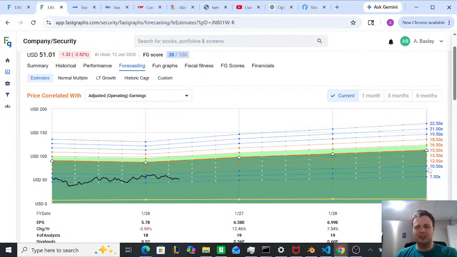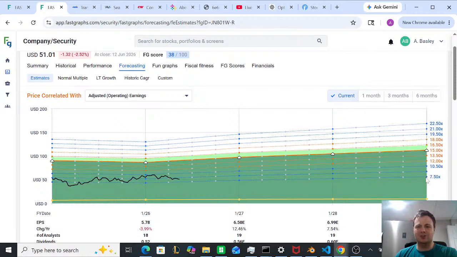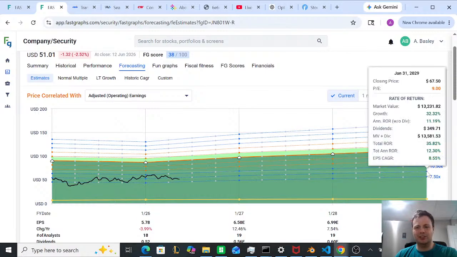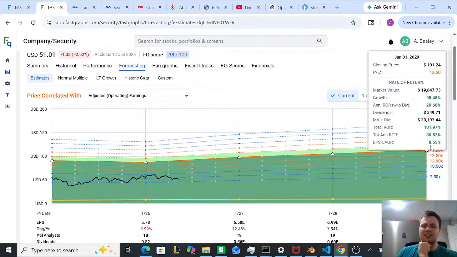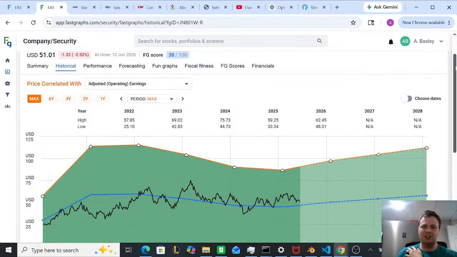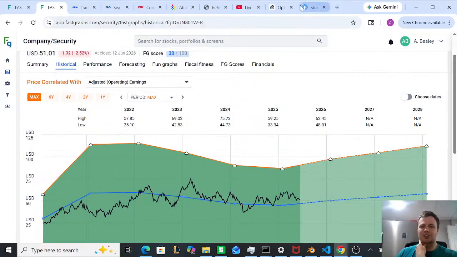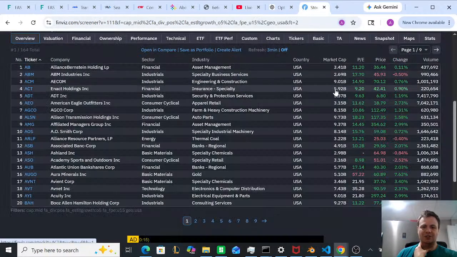So if you're not looking to own a brick and mortar store, then like a Dick's Sporting Goods, this really isn't your company. There's a 12%. It's not going to get to 15 as we see in the historic. Maybe if they get more of a track record, but I don't think brick and mortar is going to get that kind of value with e-commerce taking all the market share.